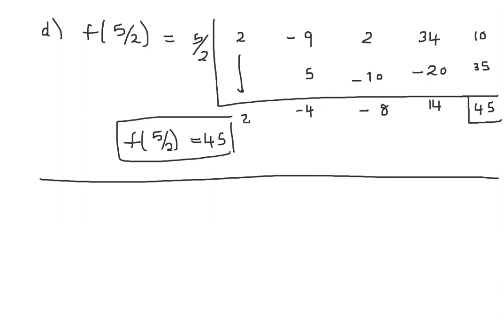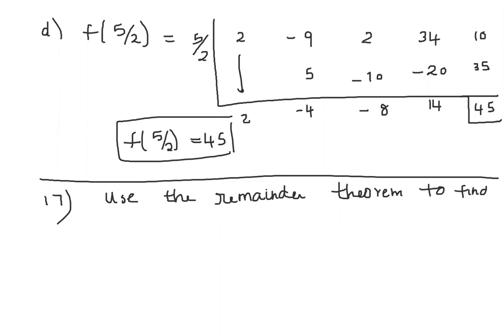Next one, we are going to do number 17. Use the remainder theorem to determine if the number c is a zero of the polynomial. So we are going to use the remainder theorem to find if the given number c is a zero of the polynomial.